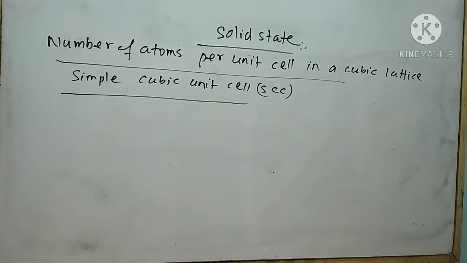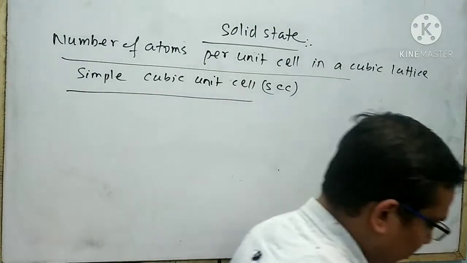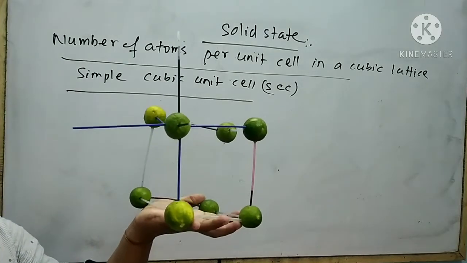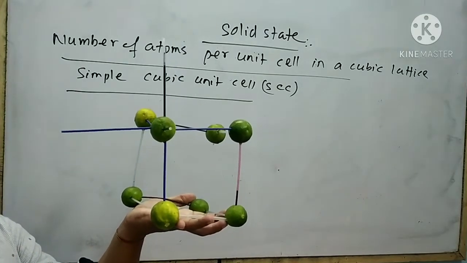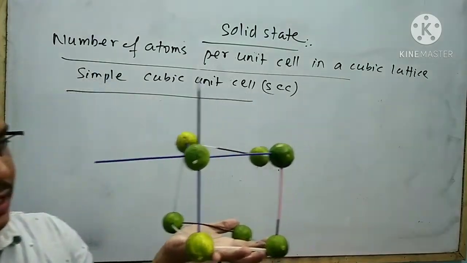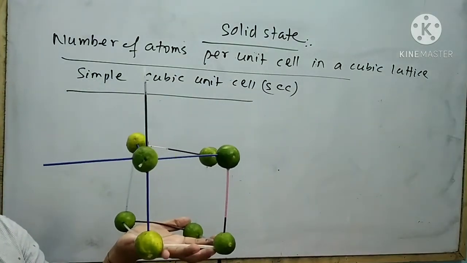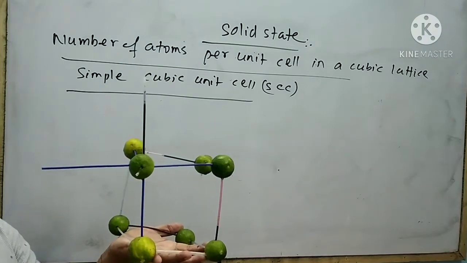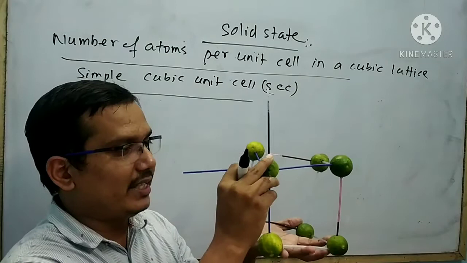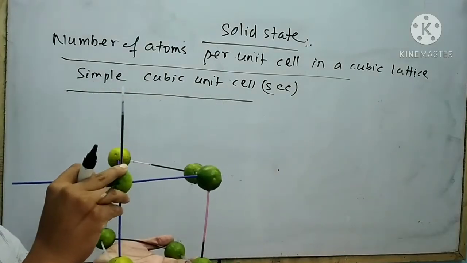Then how many atoms per simple cubic unit cell? Look at that, this is your simple cubic unit cell. In this unit cell, 8 constituent particles are present at the 8 corners of the unit cell.